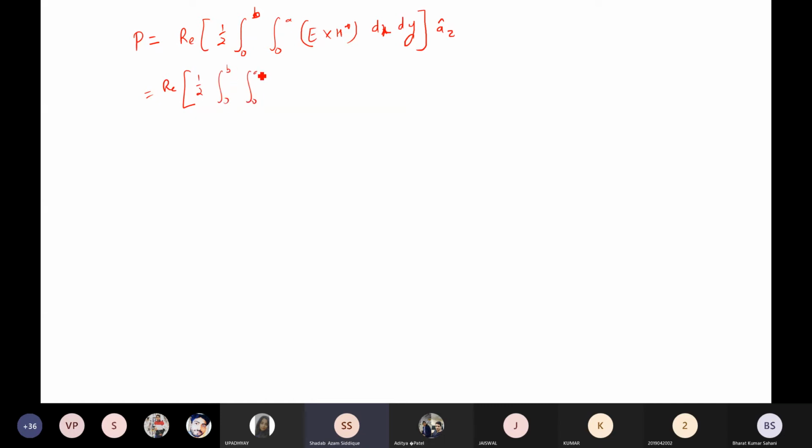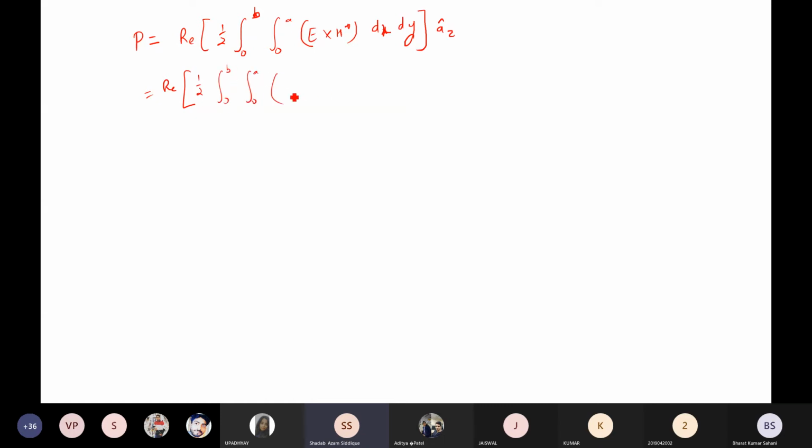I'll take the next page and write the power equation: P is equal to real of half, integral 0 to A, 0 to B, E cross H star, dx dy, and it is moving in the az direction. I'll write the real and the half as it is, 0 to B, 0 to A.